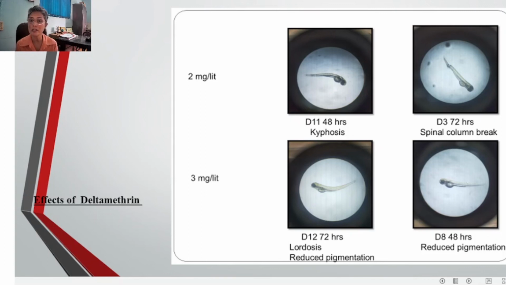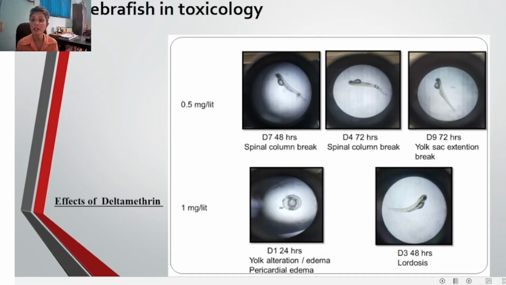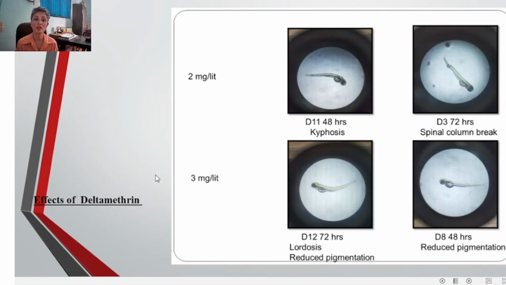Here you can see in the other larval stage the clear-cut pigmentations are visible, but as the concentration of the deltamethrin is increasing and the exposure time is increasing, the larva become less pigmented, and the reduced pigmentation will continue after 48 hours and 72 hours. Some of the larvae have been seen without the pigmentation also.